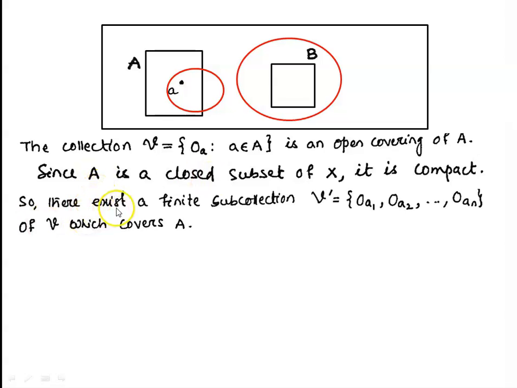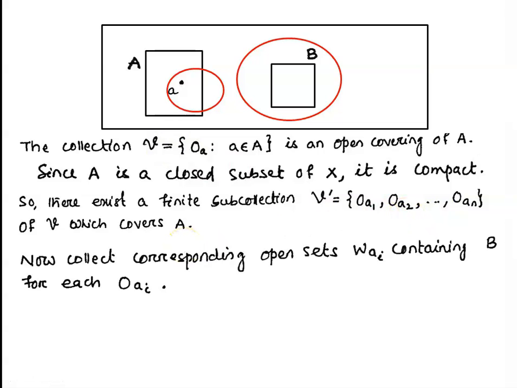So there exists a finite subcollection, let us denote it as Oa1, Oa2 up to Oan. These are n open sets we have taken from the collection, so this is a subcollection containing finitely many members which covers A.